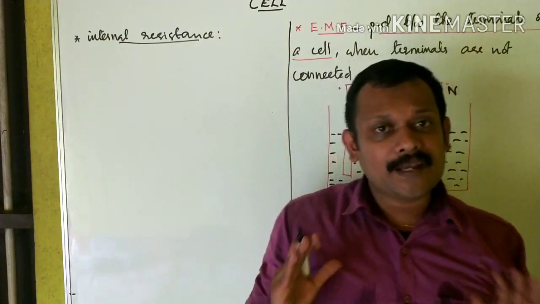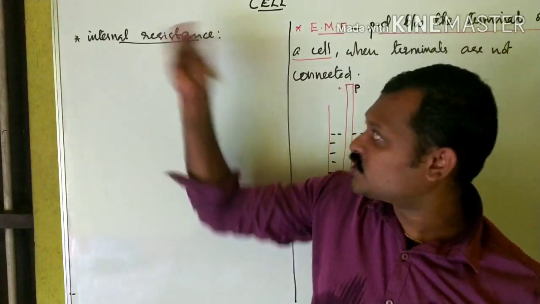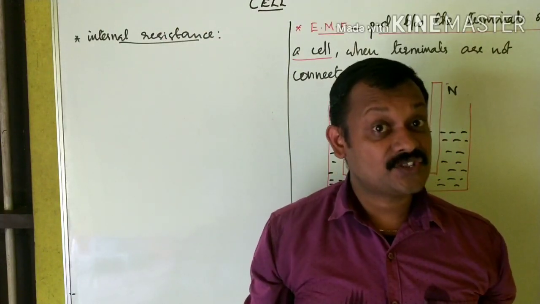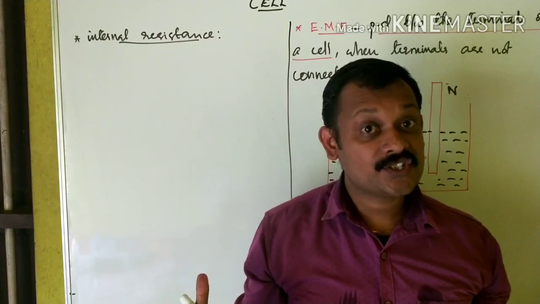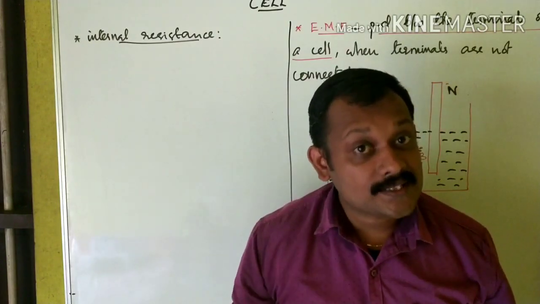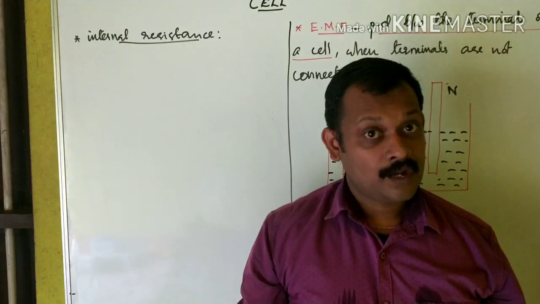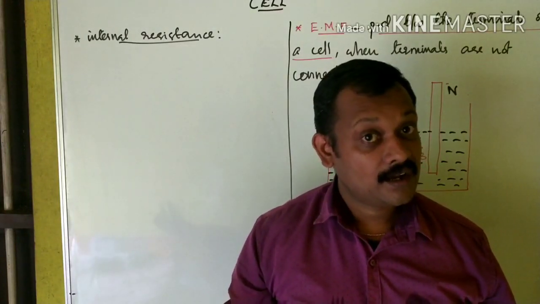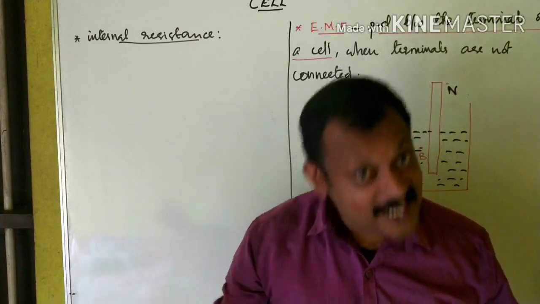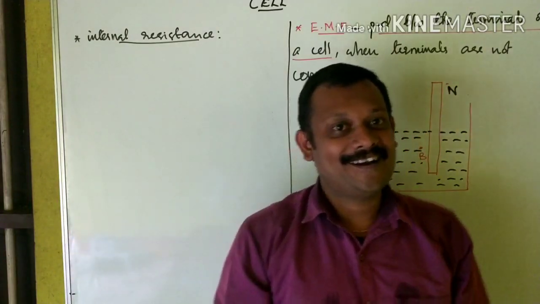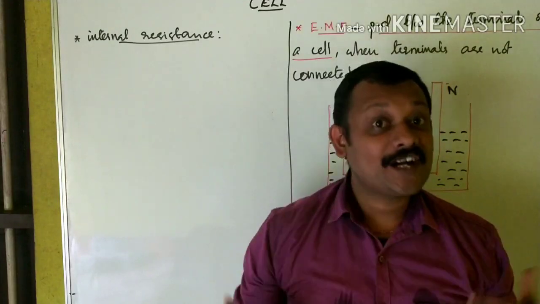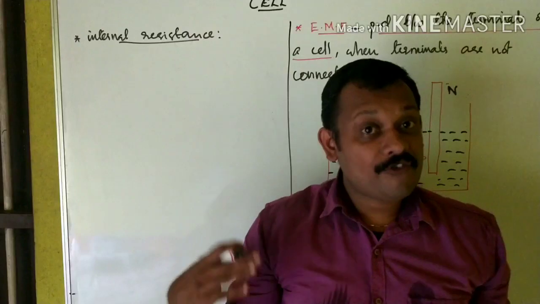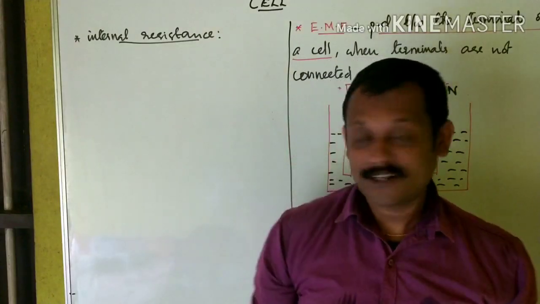Everything in physics can be learned very easily if you just mean it in the correct sense. It is the resistance of a cell. It's a resistance offered by a cell, that is more correct. The resistance offered by a cell is called internal resistance.